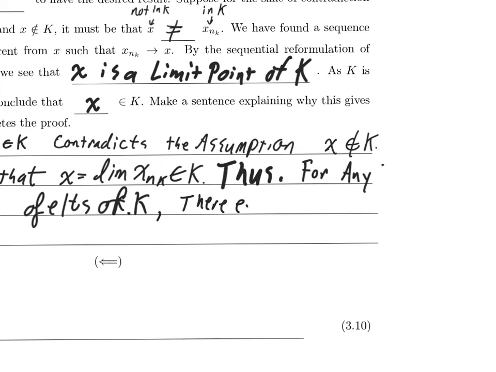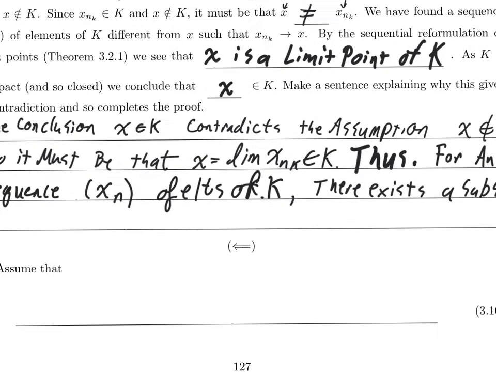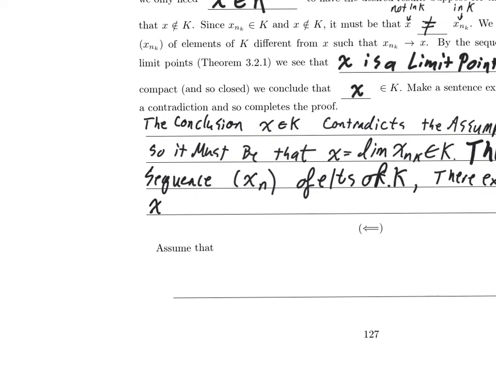There exists a subsequence x_{n_k} whose limit is in K. Neato. That's exactly what we wanted to prove, so that completes the proof.